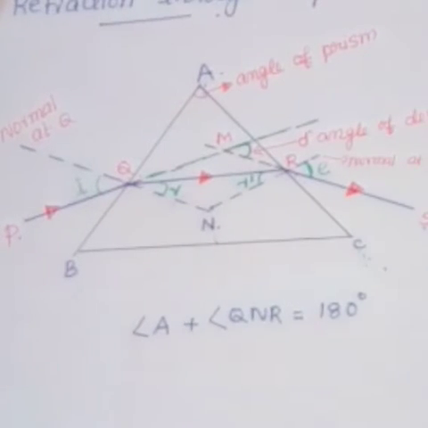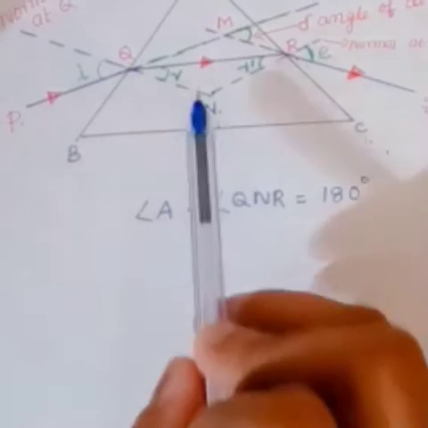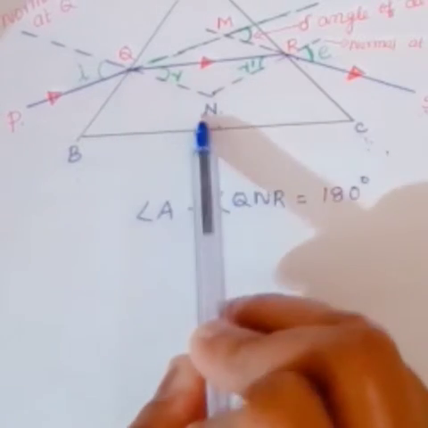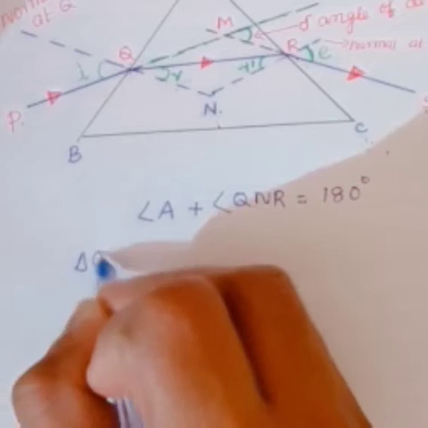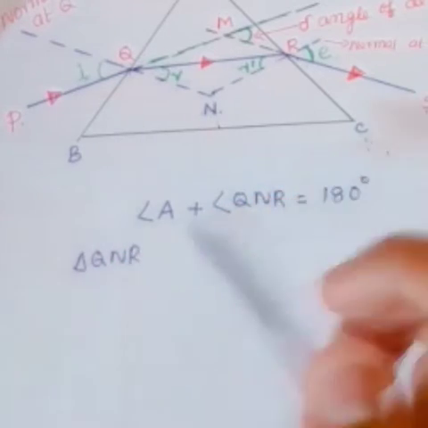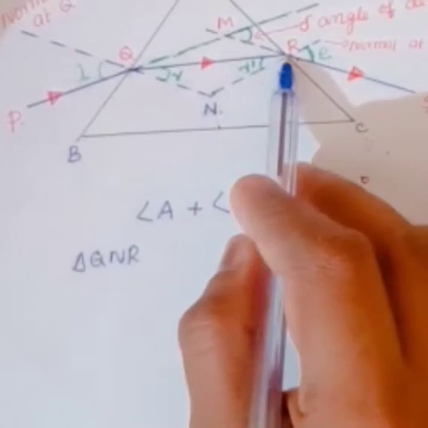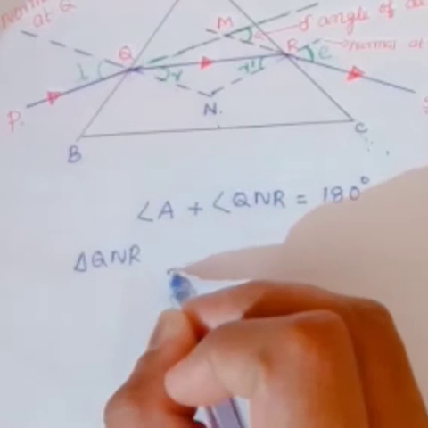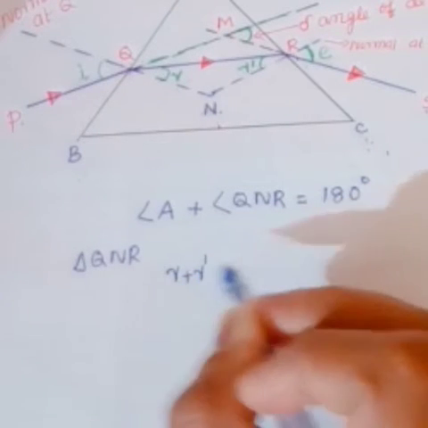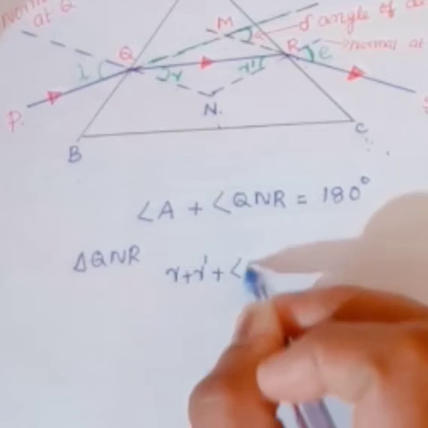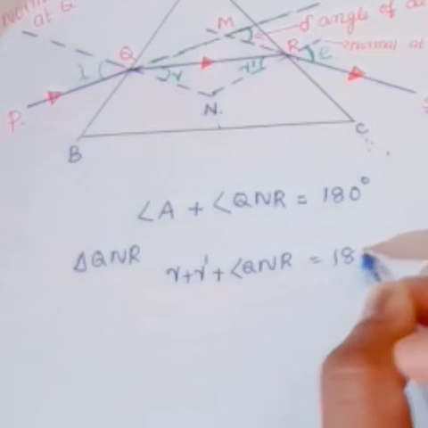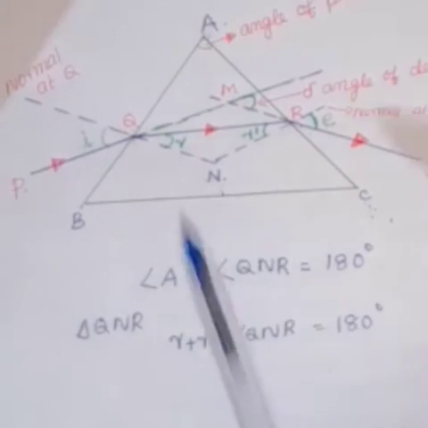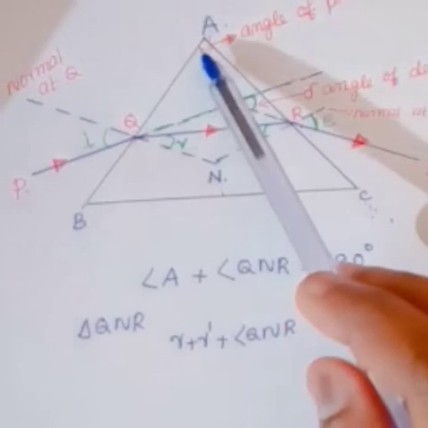Then another one, we have to consider a triangle QNR. Here R plus R dash plus angle QNR is also equal to 180 degrees. Is it correct?